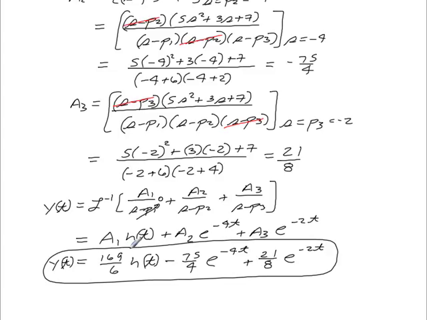We don't really know what the excitation was or what the initial conditions are. We don't really care, because once we have Y, we simply need to do the partial fraction expansion. That translates into finding the numerical values for our residues A1, A2, and A3, with the very important step of first knowing that the inverse Laplace of 1 over s is the step function, and the inverse Laplace transforms of 1 over s minus p2 and 1 over s minus p3 are the exponentials. Important things to remember.